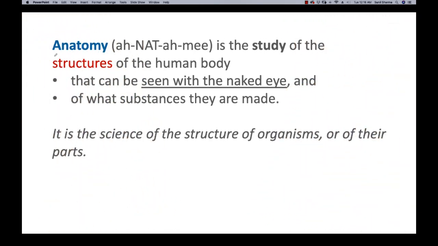We begin with anatomy as the book describes it. Anatomy is the study of the structures of the human body. So what are we focusing on? We're focusing on structures. And this type of structure is not fine structure; it is what can be seen with the naked eye, that means without using a microscope.